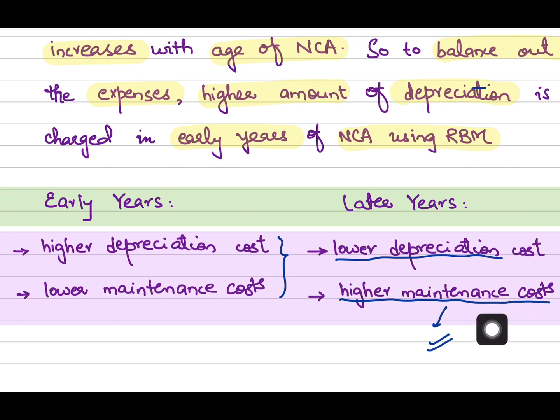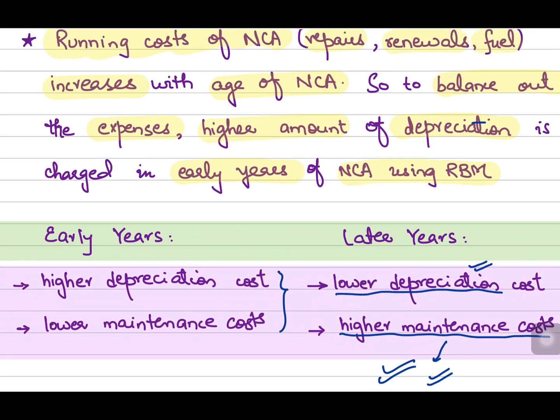Recording higher maintenance charges during the later years of the use of that non-current asset is fine, right. This is good, this should be recorded, but we cannot record higher depreciation in the later years, because the business won't be using that asset, or the asset will not be that much functional or productive in the later years. So charging a reduced depreciation amount would balance out the expense.